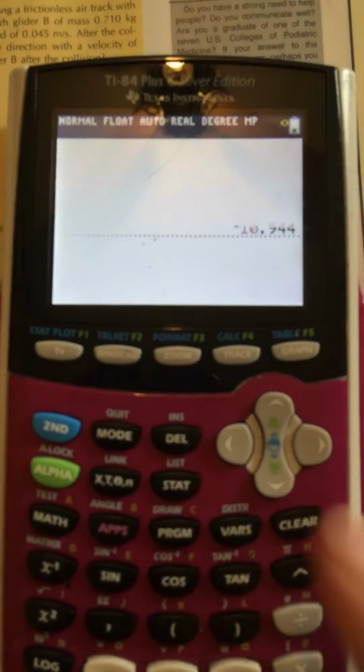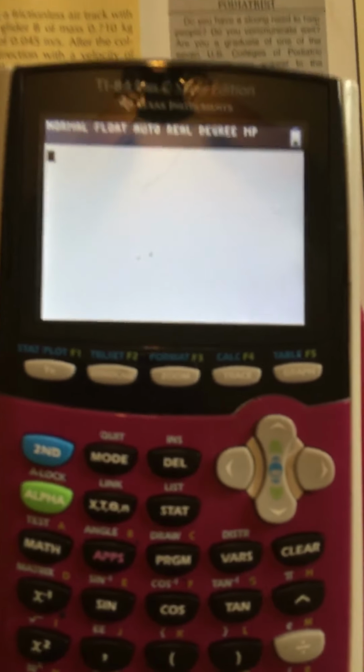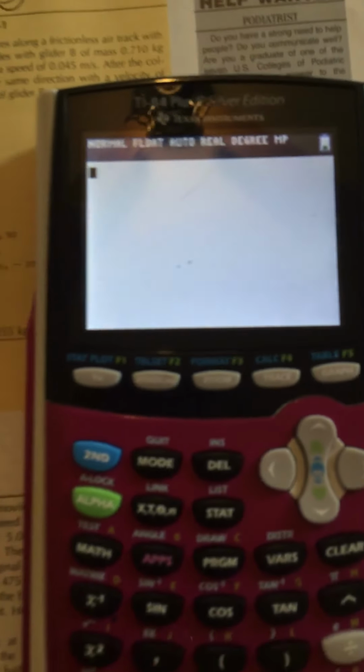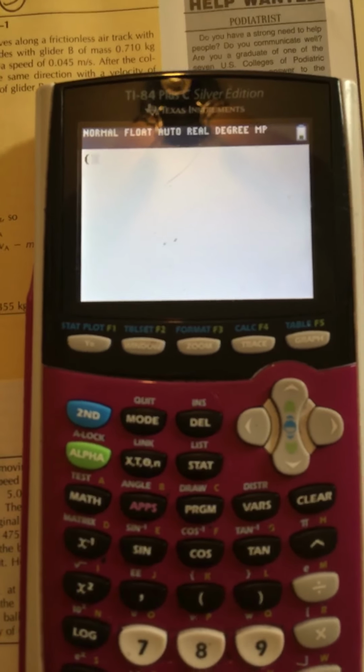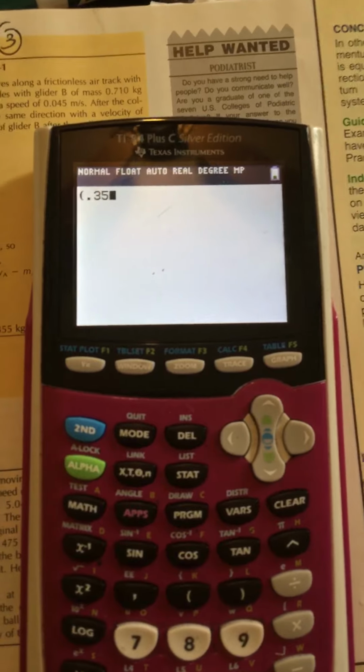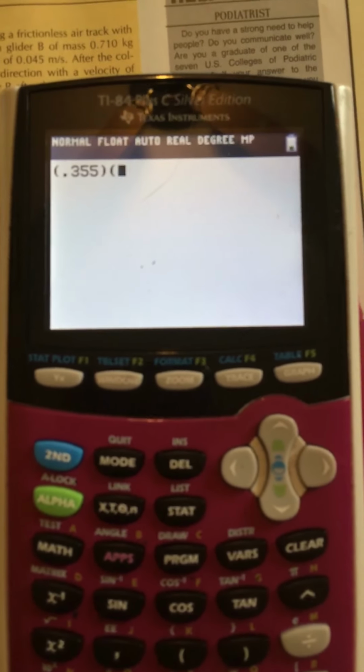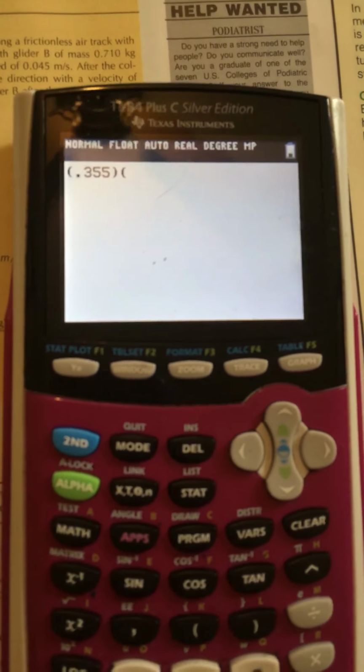So I'm going to clear out what's in here so you can see it really good. And I'm going to start with putting in exactly how it's written, the left side of the equation. I'm going to put all of that in, just how it's written. So I'm going to do beginning parentheses, 0.355 in parentheses, beginning parentheses. Your calculator knows that parentheses is times.